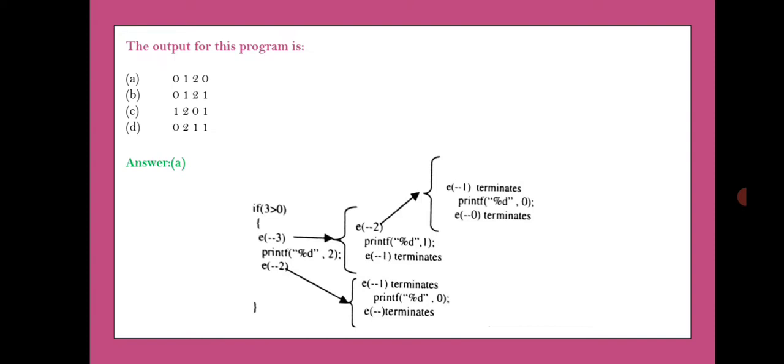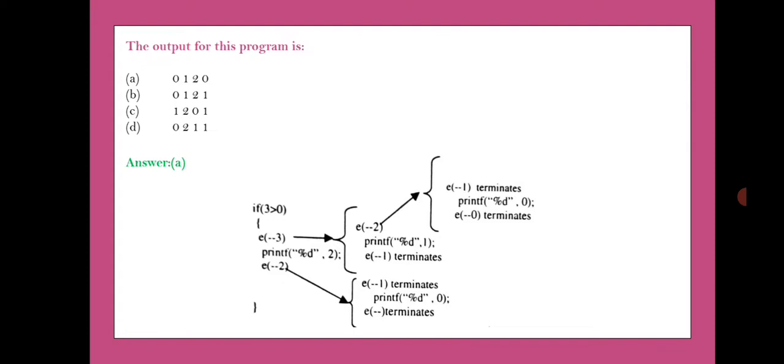So it will first print 0 and 1, then 2 and once again 0.